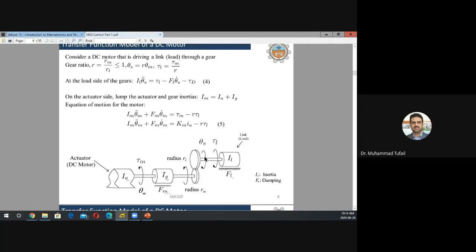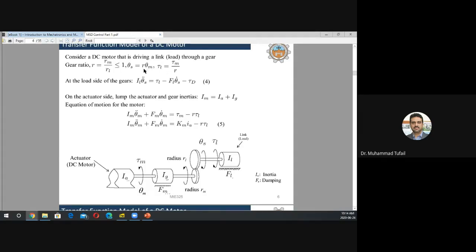And the angular position of the shaft to the right of the gears, let's call it theta s, we know that it is r times the theta to the left of the gears. So it's the angular position of the motor shaft.